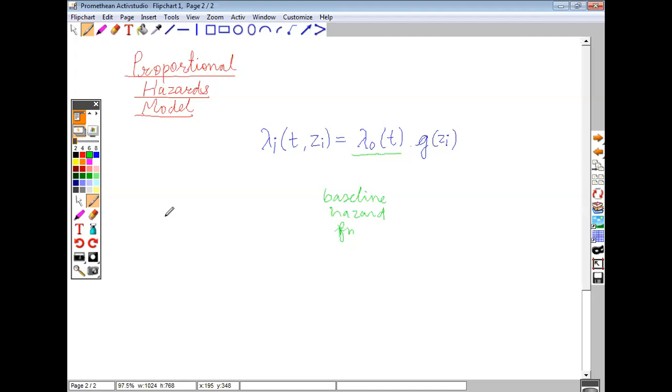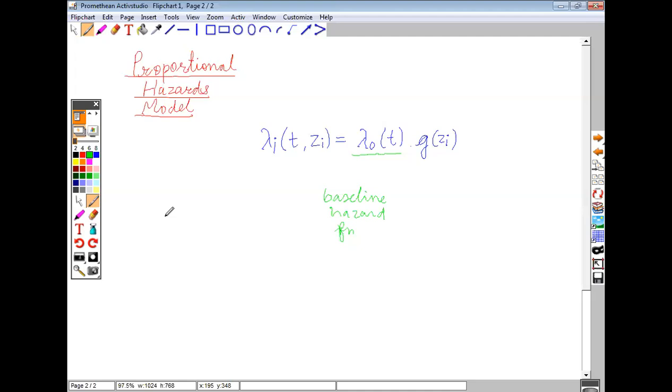So I've created a baseline hazard function, denoted by lambda 0 of t. I only have t in the bracket to show that this baseline hazard function depends only on time and not on the covariates. The other term is g of zi, which is some function of the covariates.